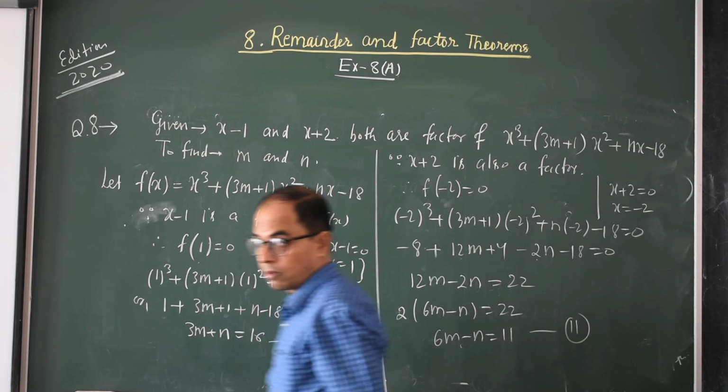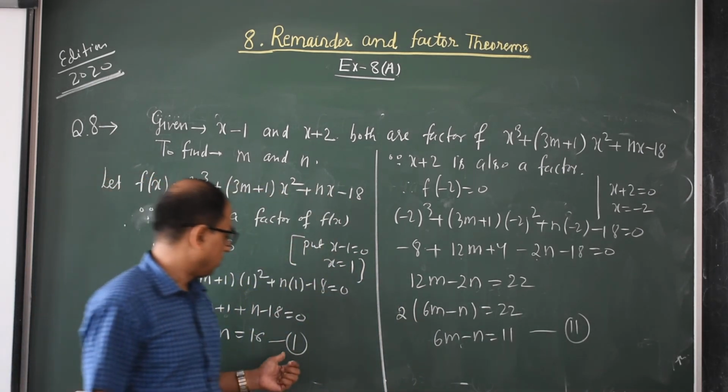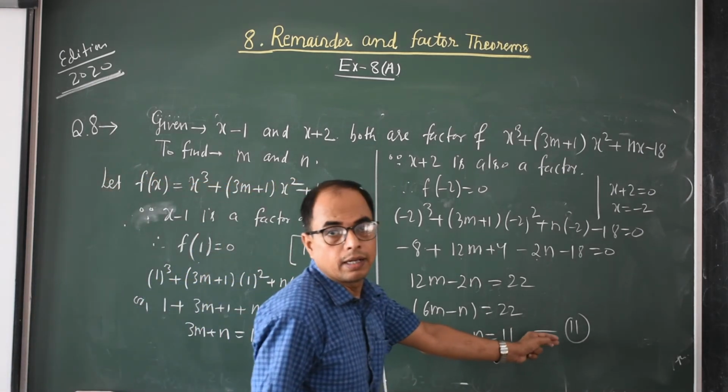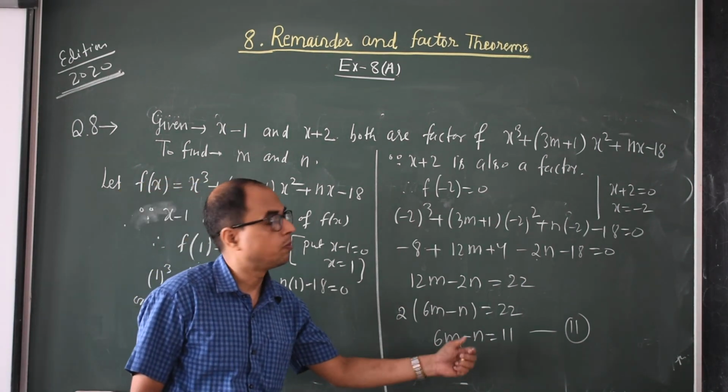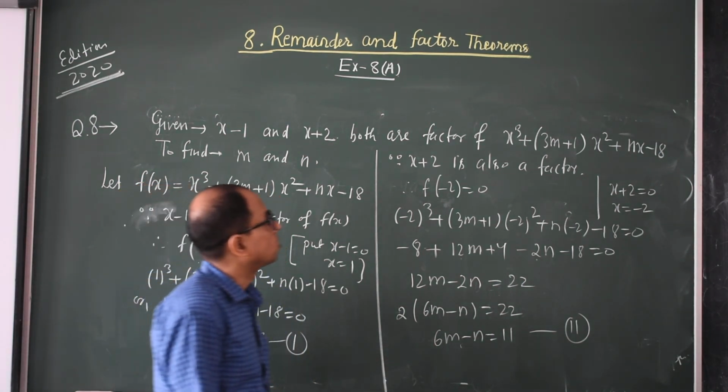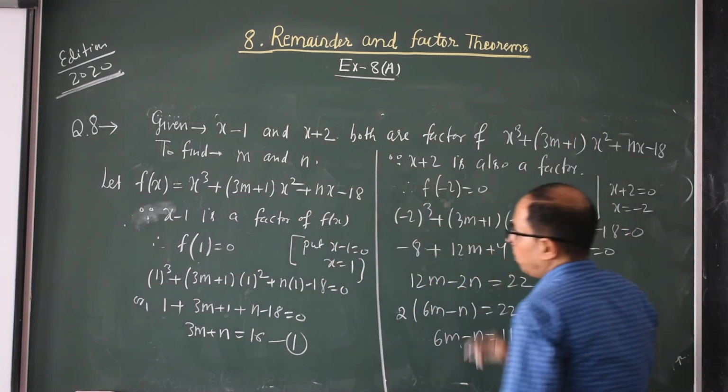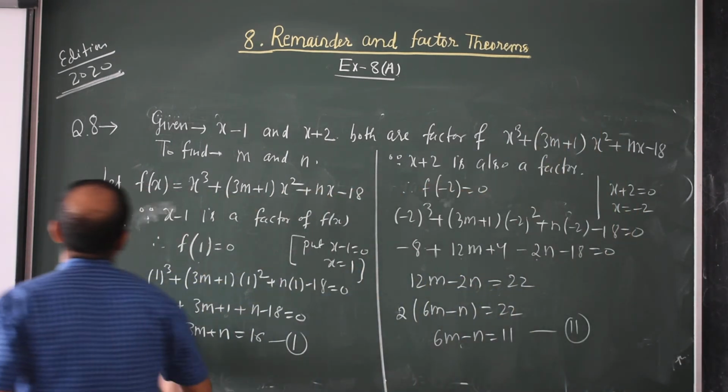Now equation 1 and equation 2 are linear equations. So you can solve these two equations to get the value of m and n. Let us solve.